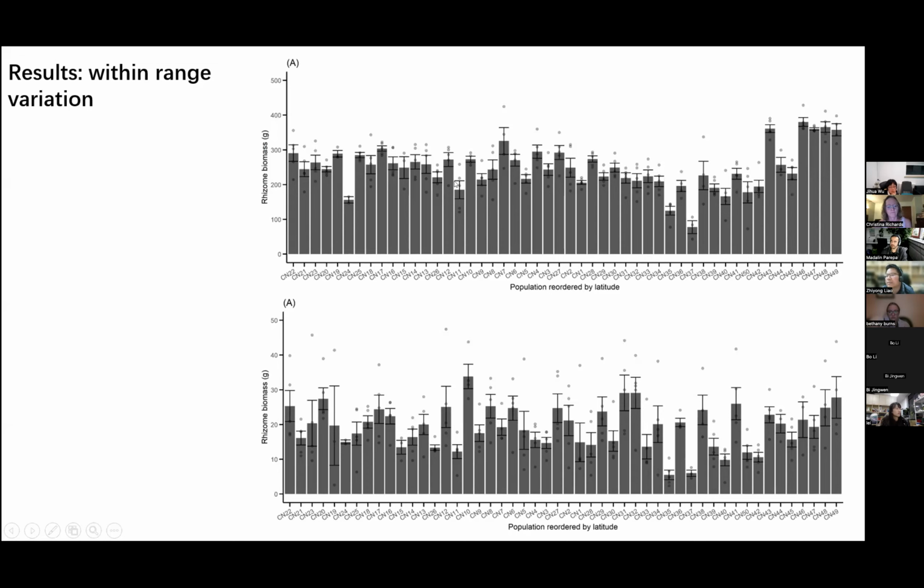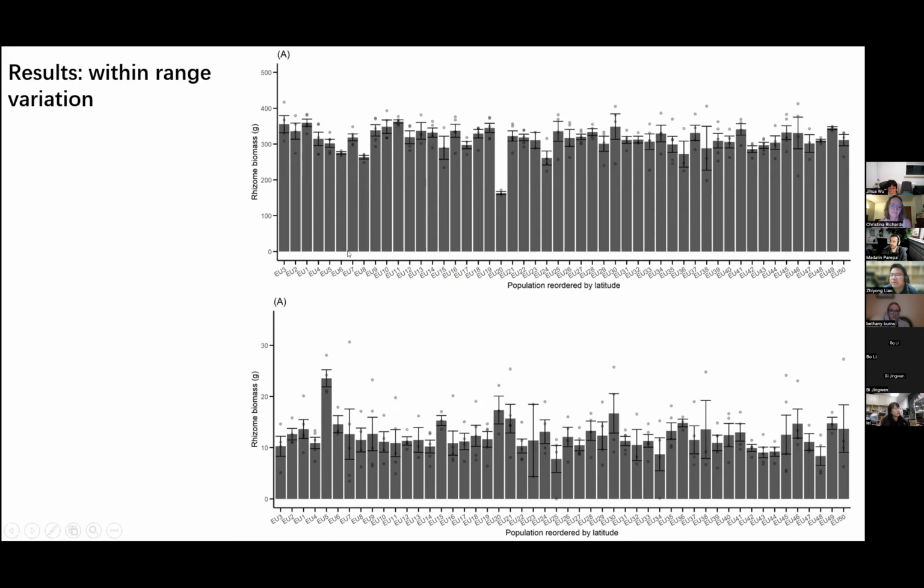There were huge variations among populations, and several populations from the northern part were quite different compared to the southern populations. Maybe that's consistent with our other findings. This is the fine roots.